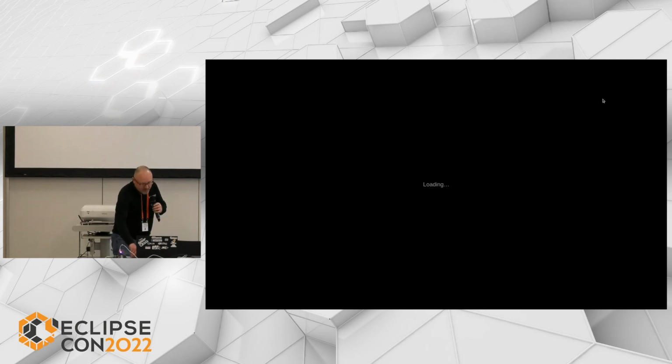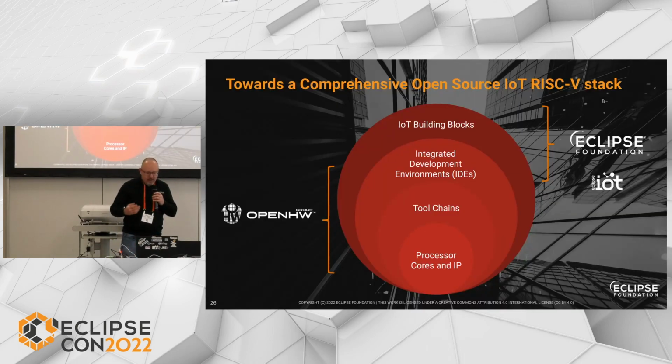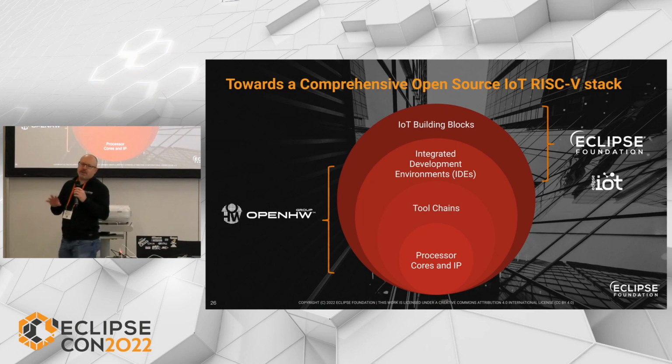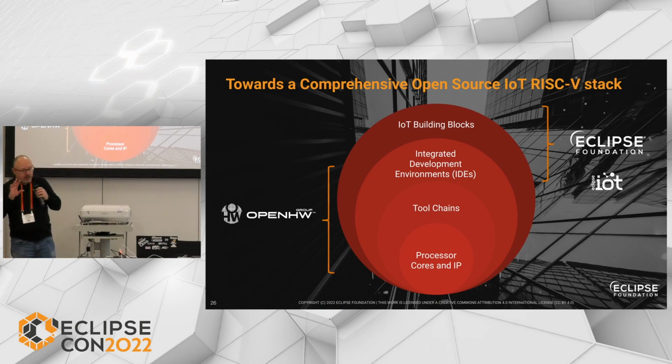To complete this presentation, what I want to impress on you is that the Eclipse Foundation and OpenHW Group are really sister organizations. We have very tight back office ties on top of everything that we do together. What we are building is a comprehensive ecosystem all the way from open source hardware to IoT platforms at the top.